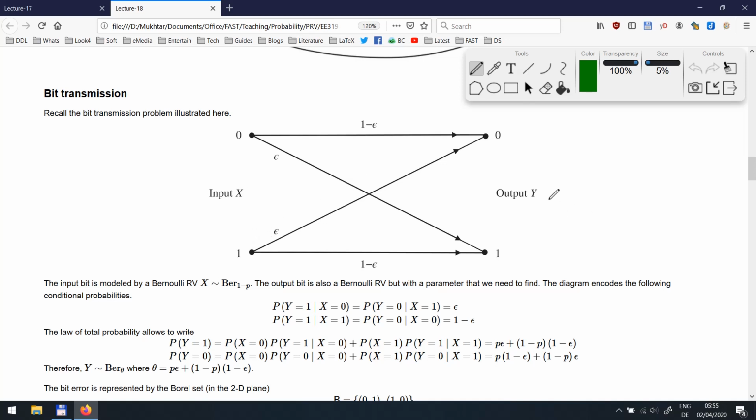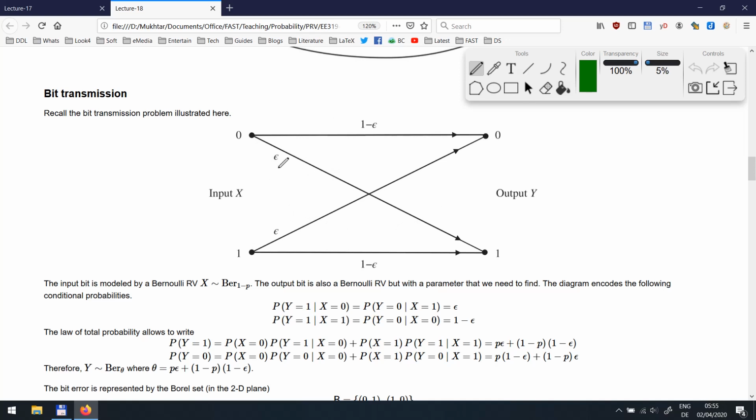And the output, imagine you have all the logic which converts all the analog waveforms to digital waveforms. The output bit will also be either a 0 or 1 once it is finalized. So that is also a Bernoulli random variable. And these are the transmission channels.